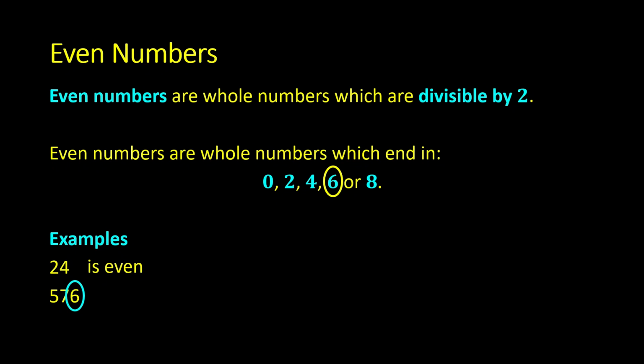Notice that this number ends with a 6, and therefore this also is even. What about 785? This does not end in 0, 2, 4, 6, or 8, and therefore 785 is not even.